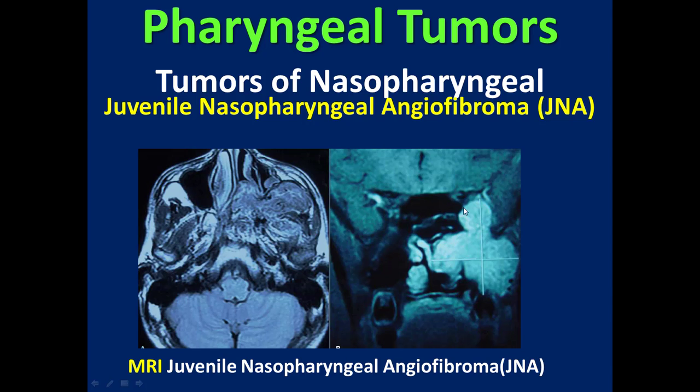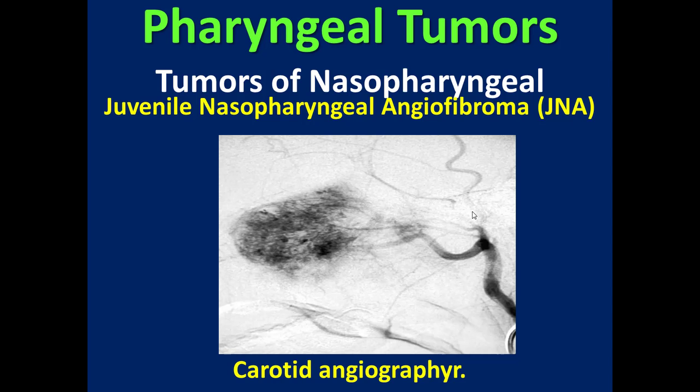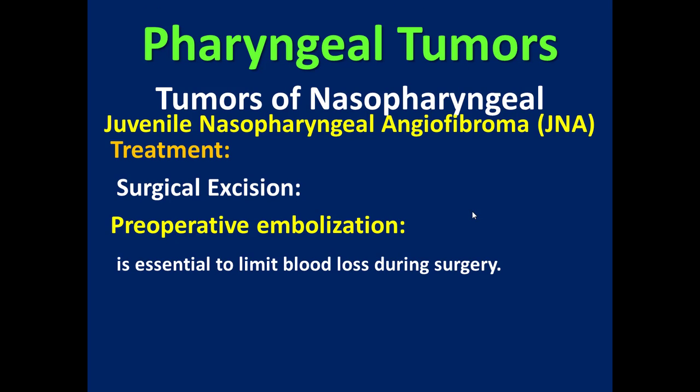You see the mass occupying the nasopharynx, nose, infratemporal fossa, and sometimes extending to the middle cranial fossa. This is angiography before the surgery to occlude the main blood supply. The management of the angiofibroma is surgical, preferably with preoperative embolization, and the treatment is surgical excision.